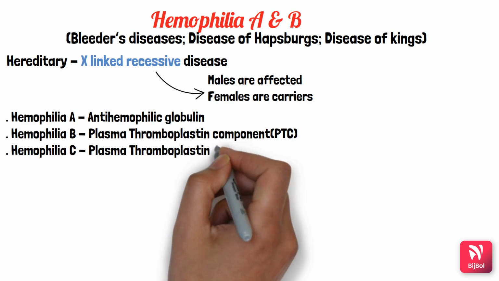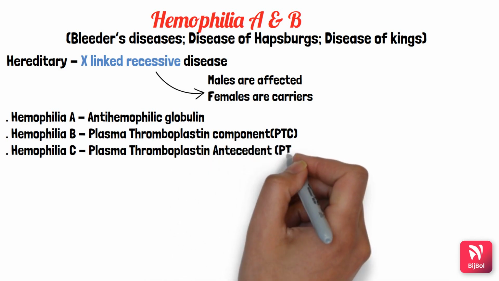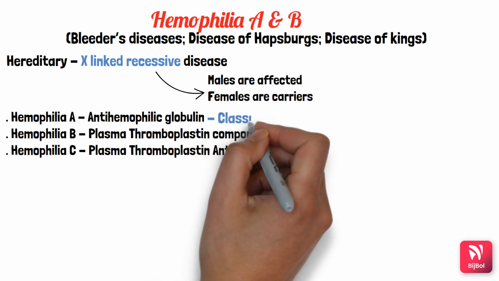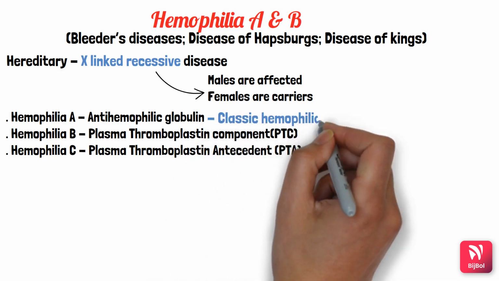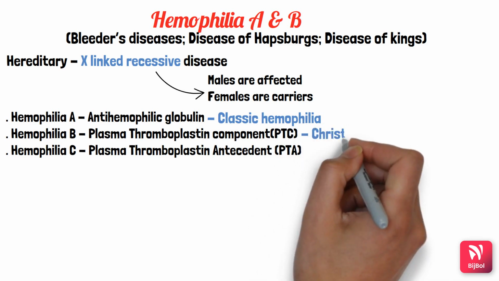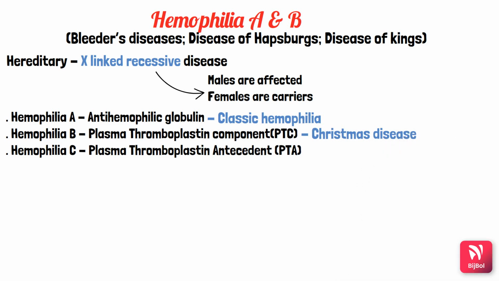And hemophilia C is plasma thromboplastin antecedent, which is kind of rare. Hemophilia A is also called classic hemophilia, whereas hemophilia B is called Christmas disease, because factor 9 is called Christmas factor.